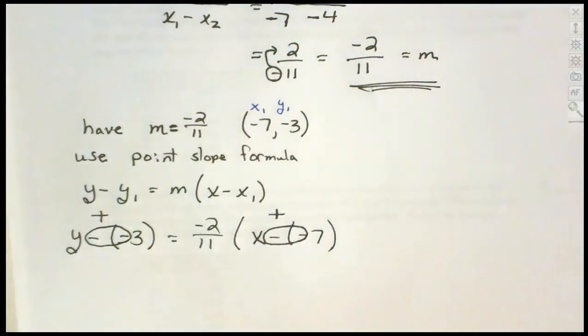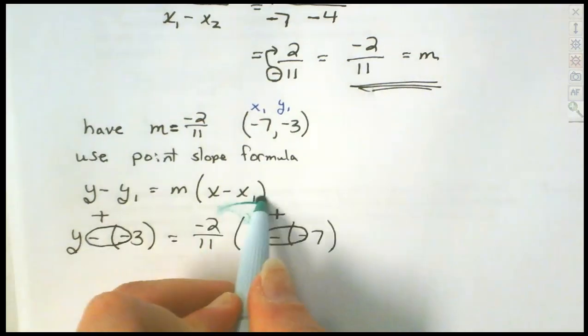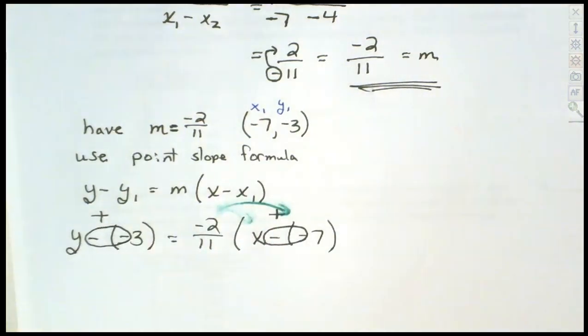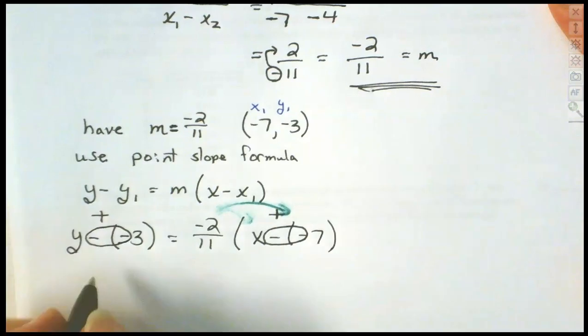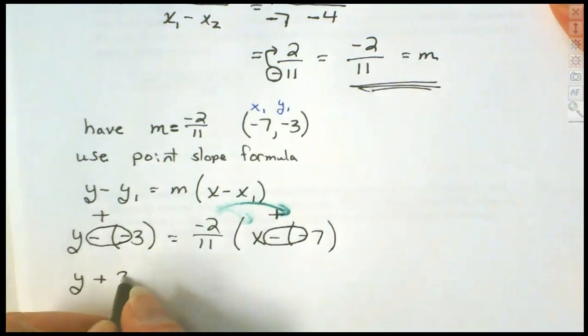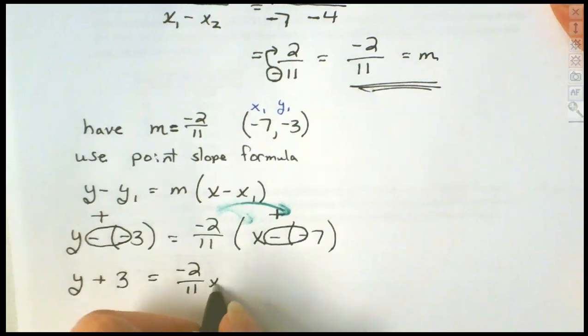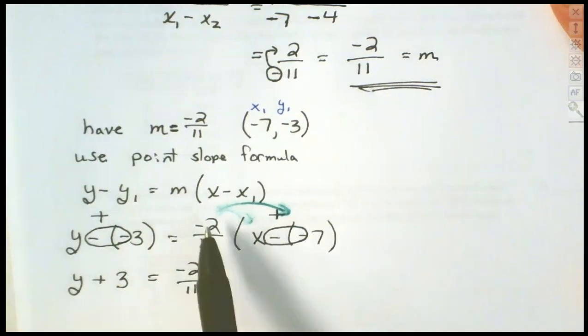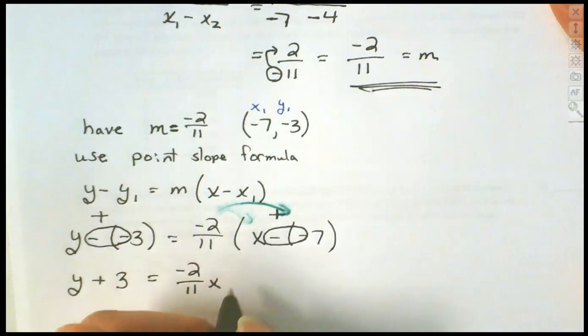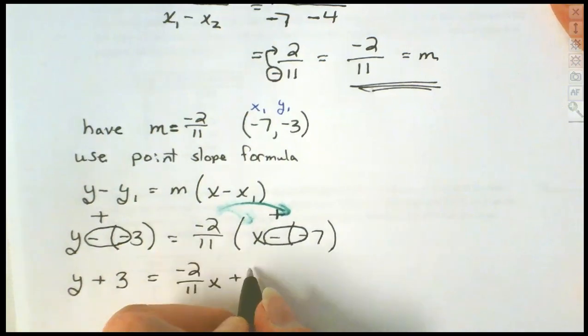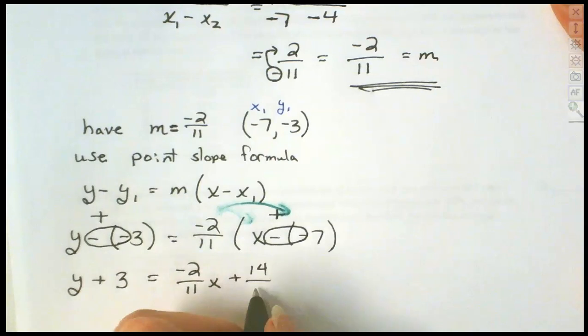We now need to distribute and rewrite. So we've got y plus 3 equals minus 2/11 x minus 2 times positive 7, which makes it 14 over 11, right?